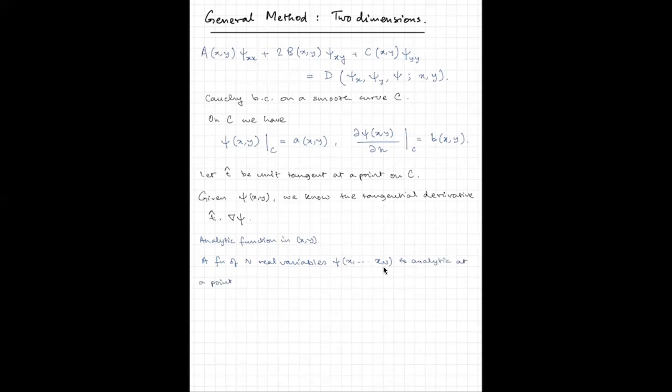Let's just denote this point with naught: x naught 1, x naught 2, dot dot dot, x naught n, if it can be Taylor expanded.